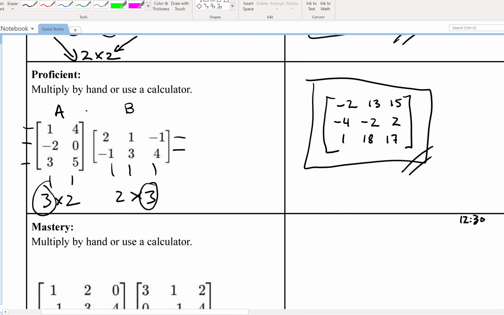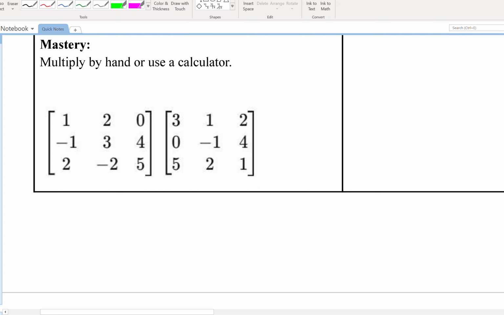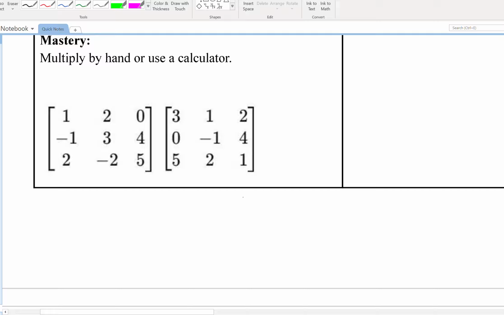All right. On this next one, it says to multiply by hand or use a calculator. Just as a quick review, you've done one already by hand. Just a recap: 1 times 3 plus 2 times 0 plus 0 times 5 would give you this first spot here.